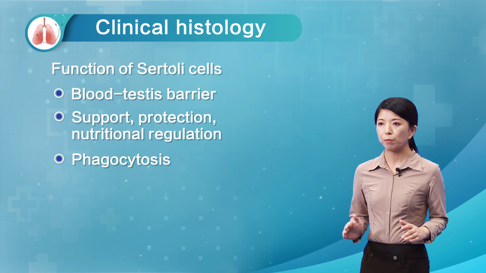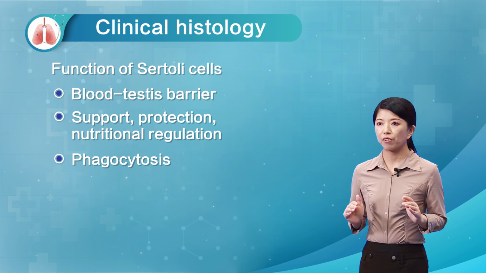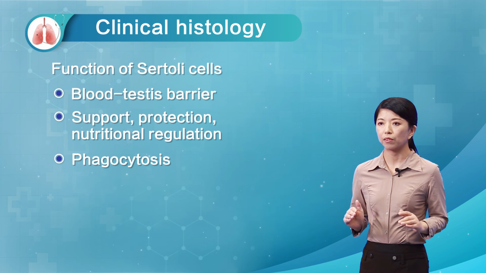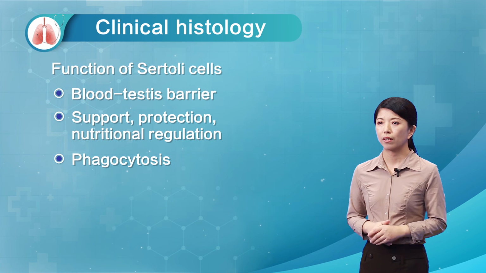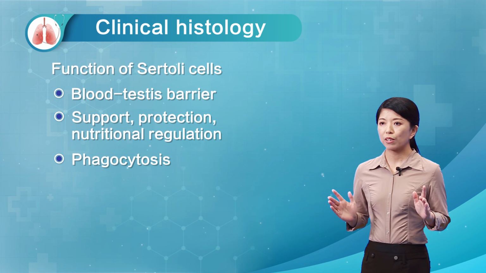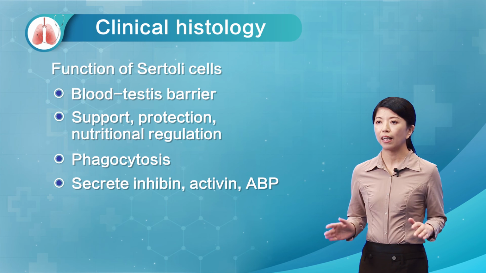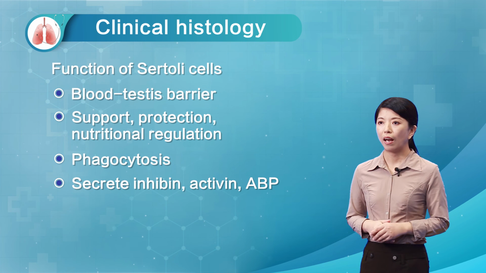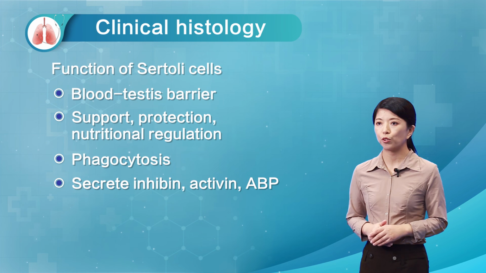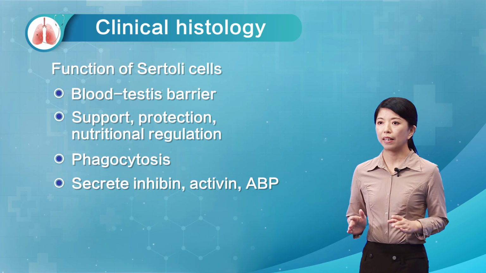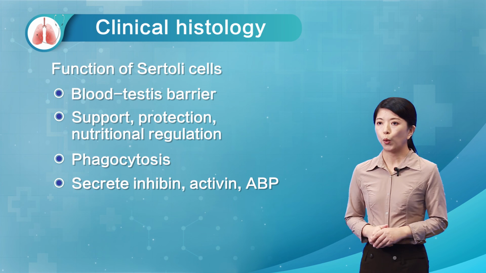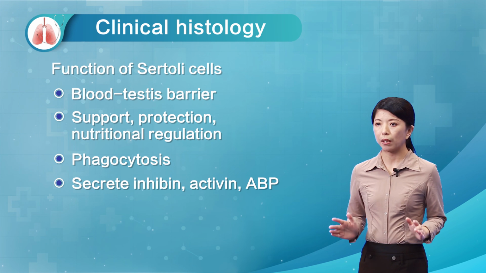These cytoplasmic fragments are phagocytosed and cleared by Sertoli cells. The third function of Sertoli cells is to secrete inhibin, activin, and ABP. Androgen-binding protein, ABP, can serve to concentrate androgen in the seminiferous tubules, which is necessary for the development of sperm.